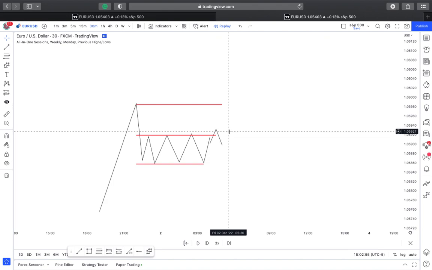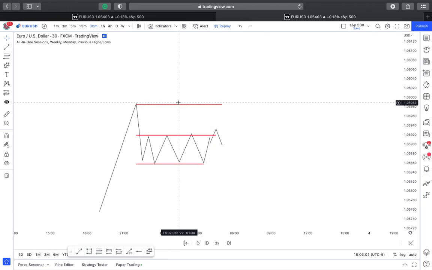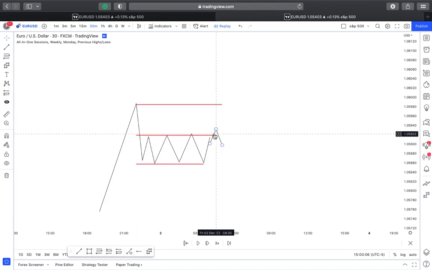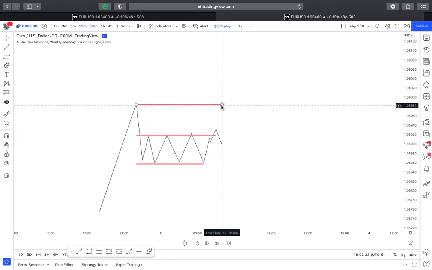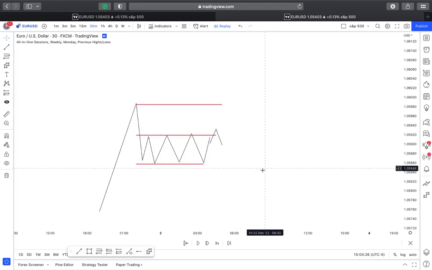After the raid of the Asian session high, if you get an entry somewhere over here and the highs are still there pending to be taken out, then the trade that you took over here is gonna be 1:5 at max. You are not gonna target 1:10, 1:20 or the Asian session lows. You are waiting for this high to be taken out. So this is where your 1:10 would be.